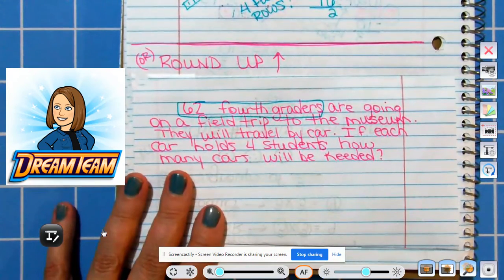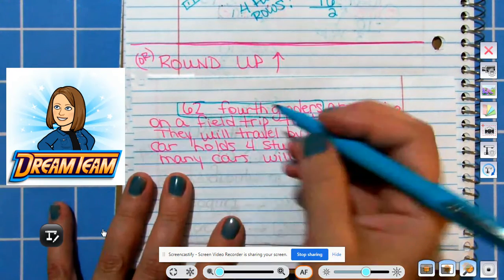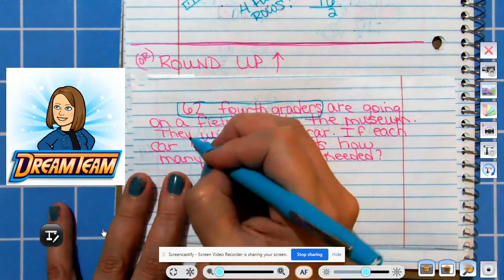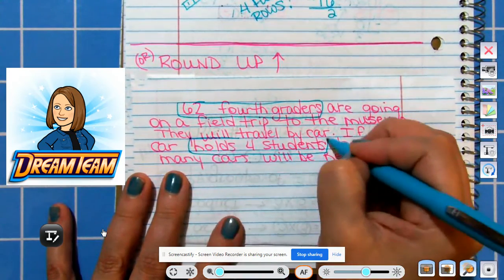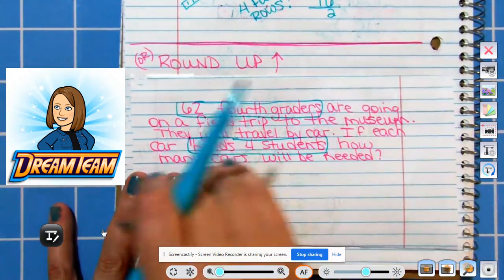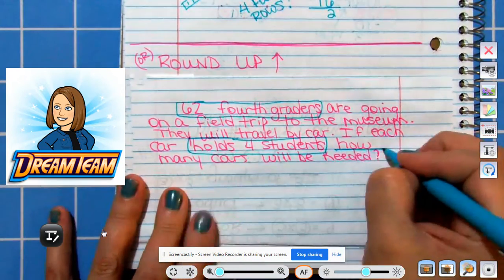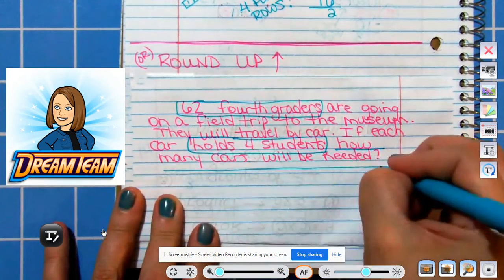They're going on a field trip to the museum. They're going to travel by car. Each car holds 4 students. So 4, 8, 12, 16, 20, 24. How many cars will be needed?